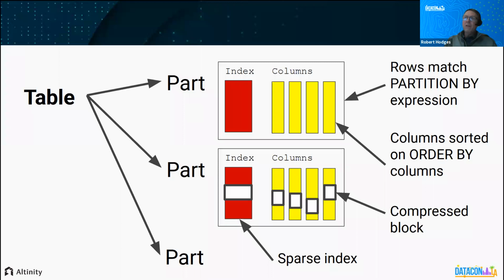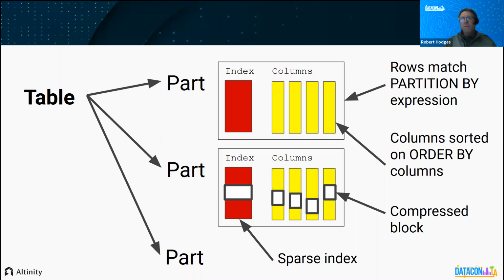It basically walks the ordered values of that primary key, and by default, about every 8,000 values will have an entry in the index. This is called a sparse index. The reason we have so few entries is that the index will always fit into memory, even when the table is enormous.